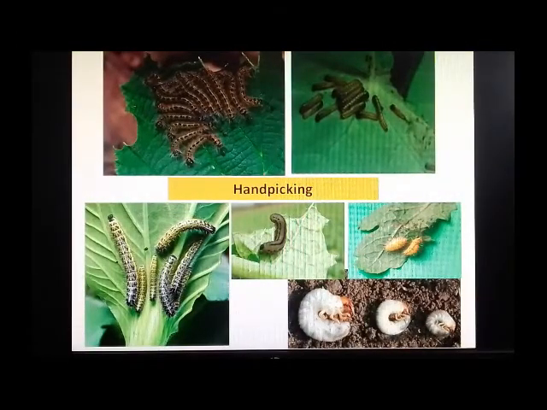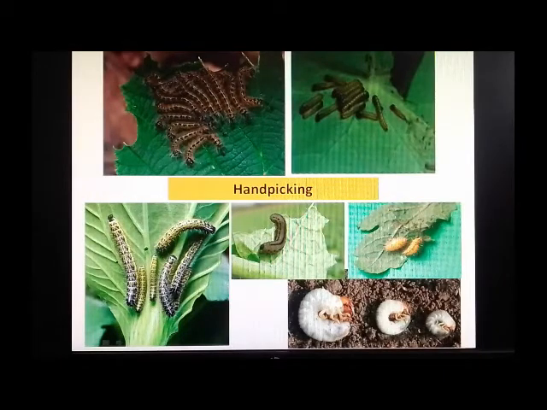Now, here there are several photos I have displayed here. You see that most of those are there in gregarious form. I mean, in a single leaf you are noticing many caterpillars, many hairy caterpillars, many Pieris brassicae caterpillars, and this one is mustard sawfly larva.